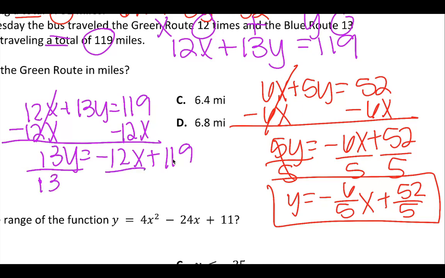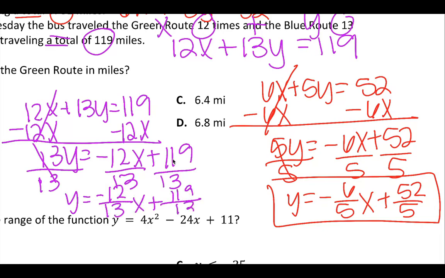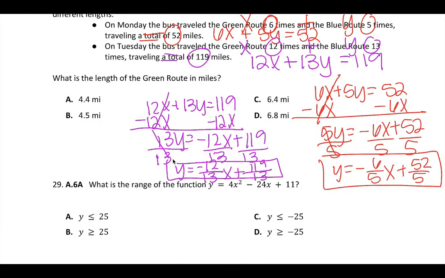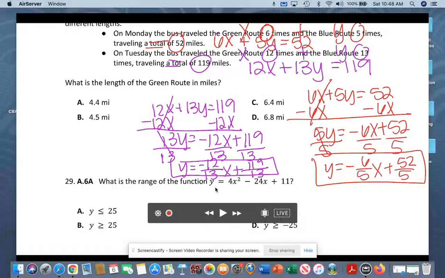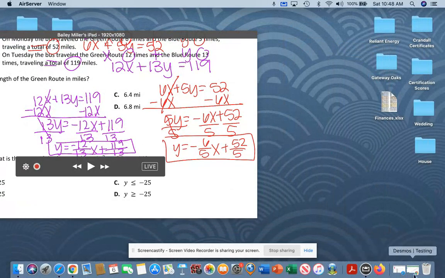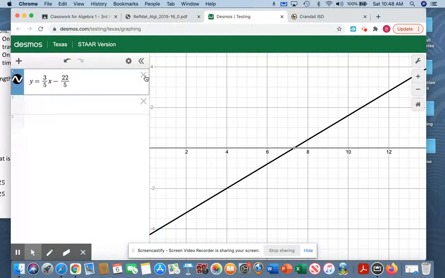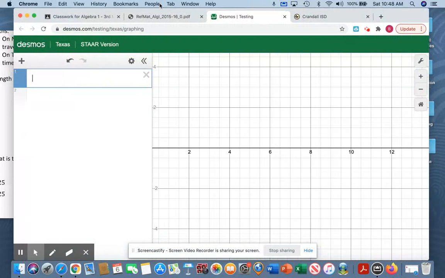Divide by 13, and I'm left with y equals negative 12 over 13x plus 119 over 13. Okay, so those are my 2 equations. You could have also done elimination, I think it wouldn't be too bad. Like multiply this by 2. That would also work. But I just have a feeling most of us like to plug it into Desmos because it's familiar and we do it all the time. Okay.